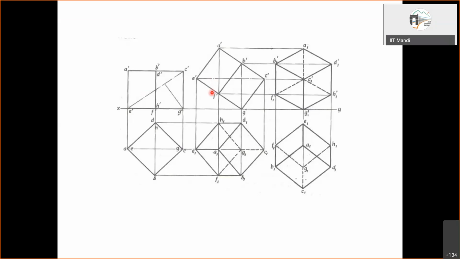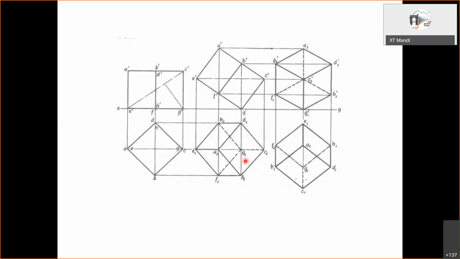Then a corresponding top view has been obtained here. Now, what is done from this second step to this third step? This top view has been rotated such that this EC, which we can also call E1C1, is perpendicular to the XY line. This means E1C1 continues to be parallel to the horizontal plane.